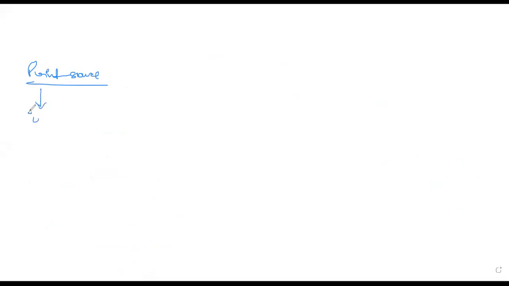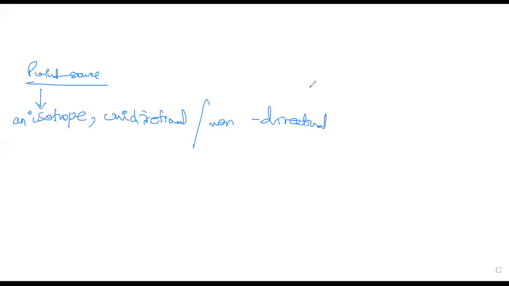Now, a point source can be an isotrope, as well as it can be unidirectional, or non-directional. Non-directional is also called omnidirectional, which has zero volume in the free space. So that is in terms of your antenna.